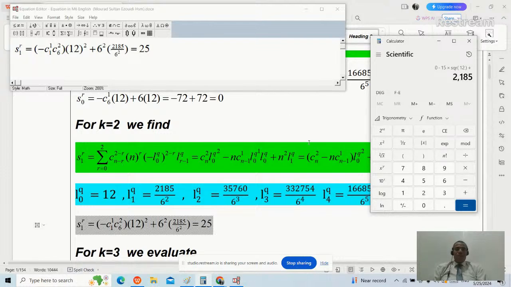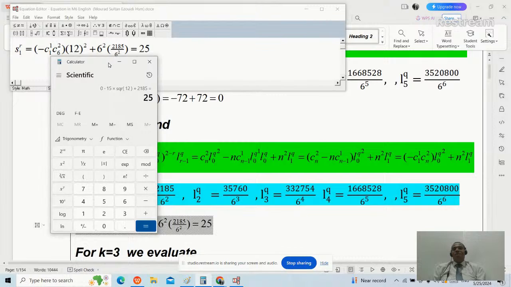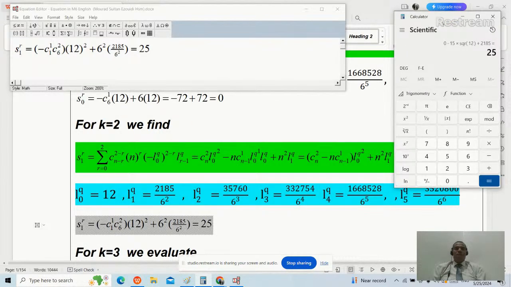Then the value of this is equal to 25. So the value of S1, learners, is equal to 25.